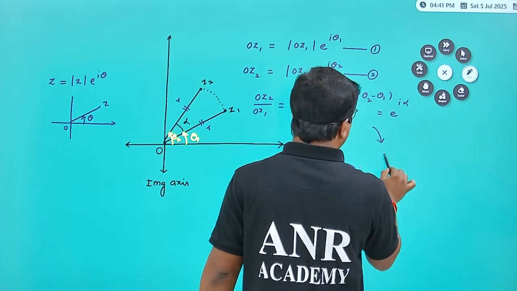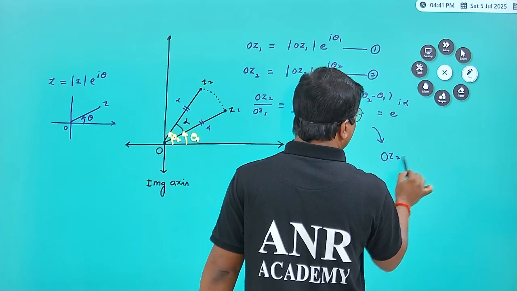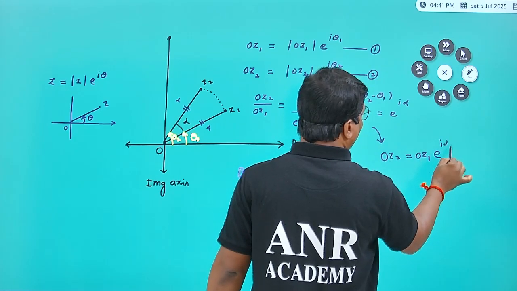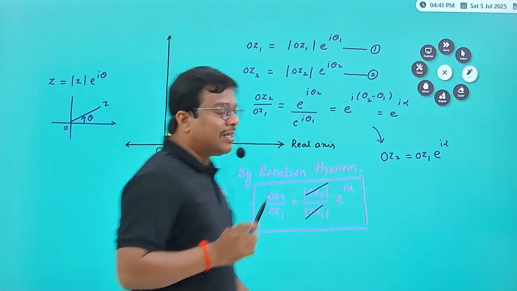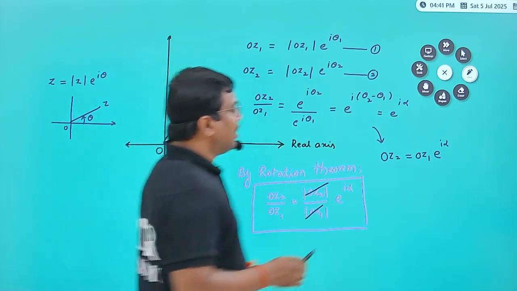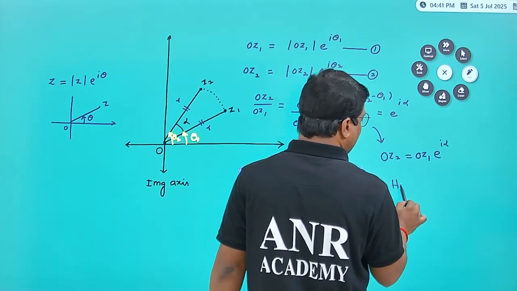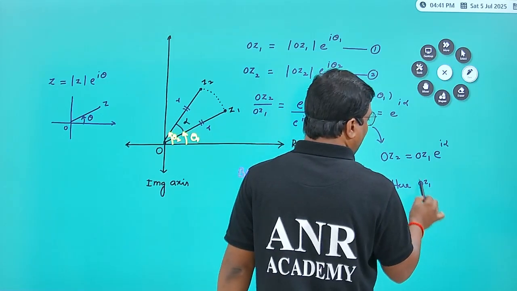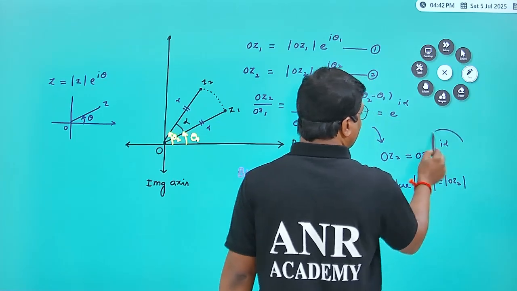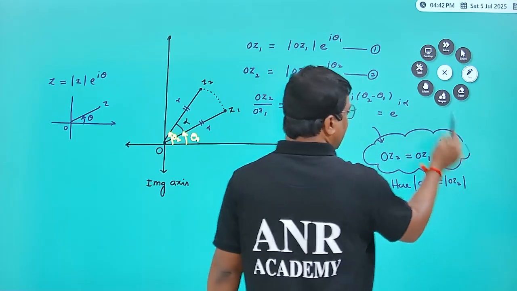Also, you can write OZ2 equals OZ1 e power I alpha whenever OZ1 and OZ2 are of the same length. Remember that here the condition is modulus OZ1 equals modulus OZ2. In this case, you can write this relation.